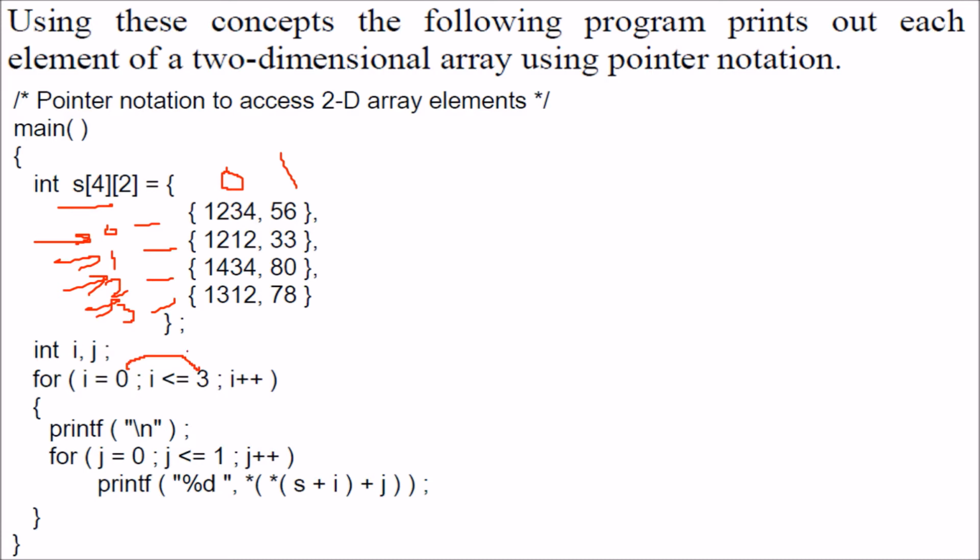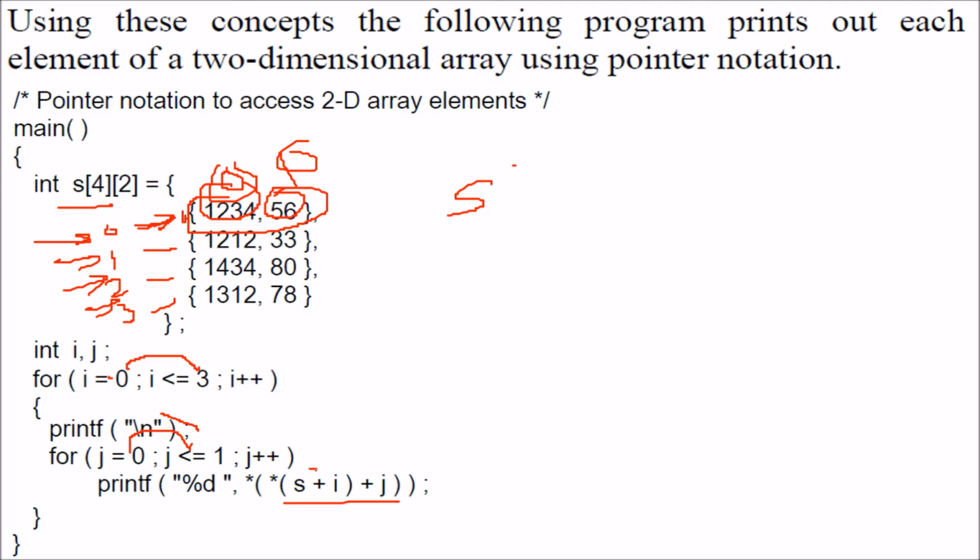We go to the row, then inside we go to the column, 0 or 1. First the row we have already reached, and now we want to print the value. So what is s? It is the address of the first value of the array. Always the name of the array is the address of the first value.